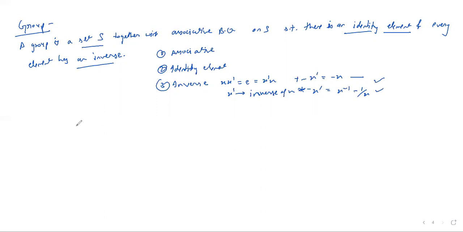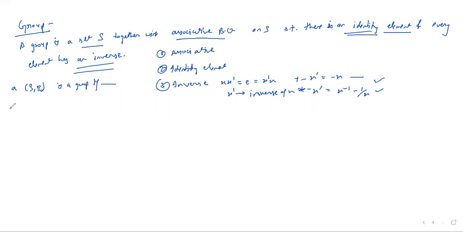Now, we are saying that a group is a set S together with an associative binary operator on S such that there is an identity element and every element has an inverse. Let's say I have a group S comma O. This is our group symbol with operator. That S comma O is a group by the definition of axioms.